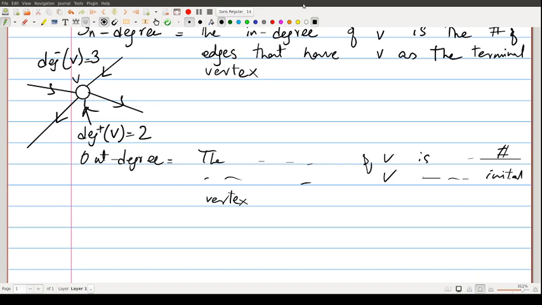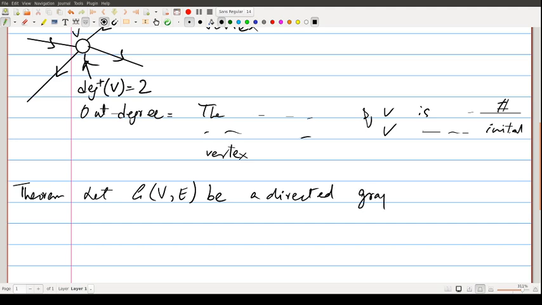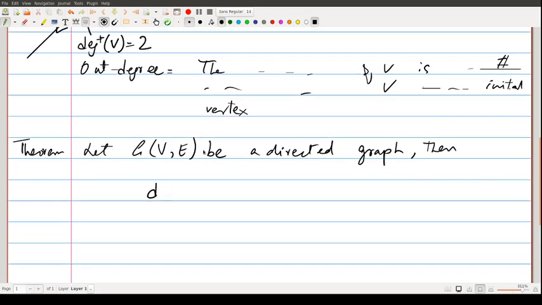Okay. And so if that's clear, then we have a simple relationship that we can just codify. It's a theorem which says, in a directed graph, let G = (V, E) be a directed graph, then we have the sum of all the vertices' in degrees.